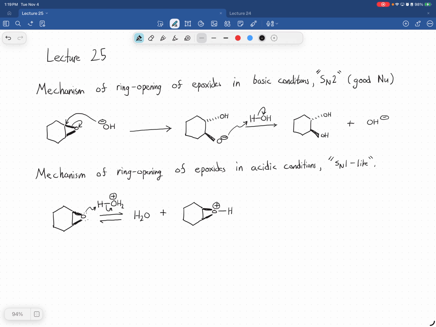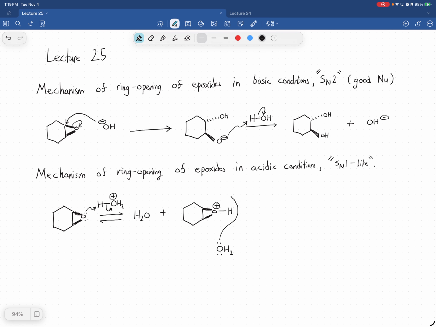Okay. All right, so the reason I say it's SN1-like, it doesn't actually form a carbocation, so water. Okay, so we're going to put water here.